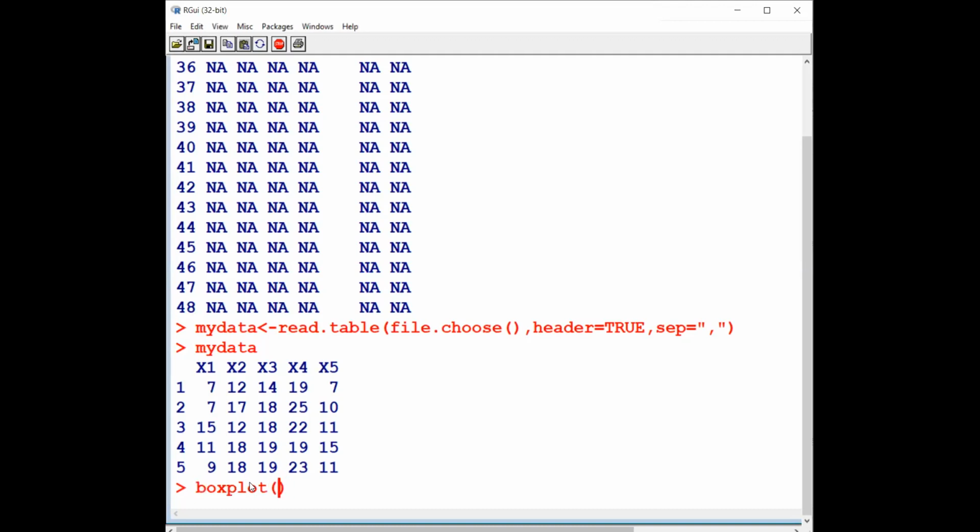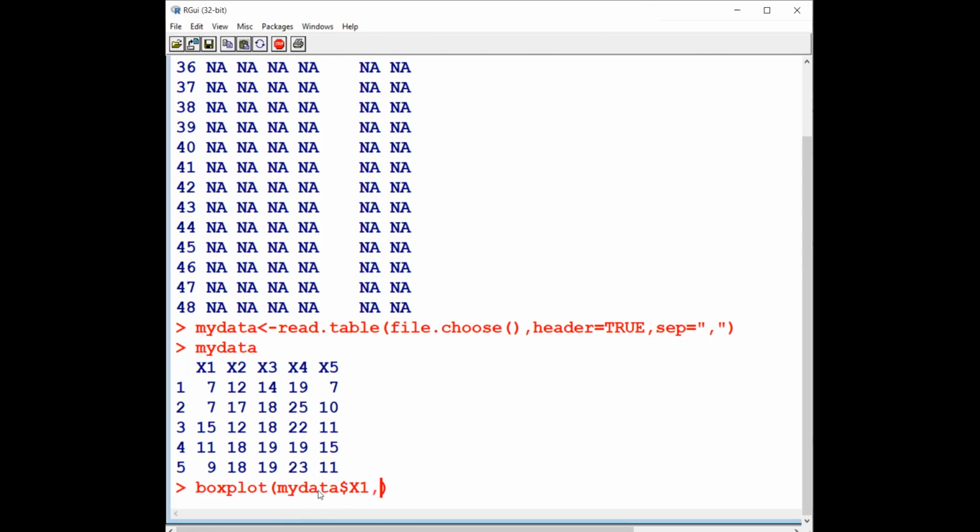You can see my first treatment is denoted by x1. My data set name is mydata. So I'm going to give mydata$x1, so I can get the box plot with respect to the x1 variable in my data set.